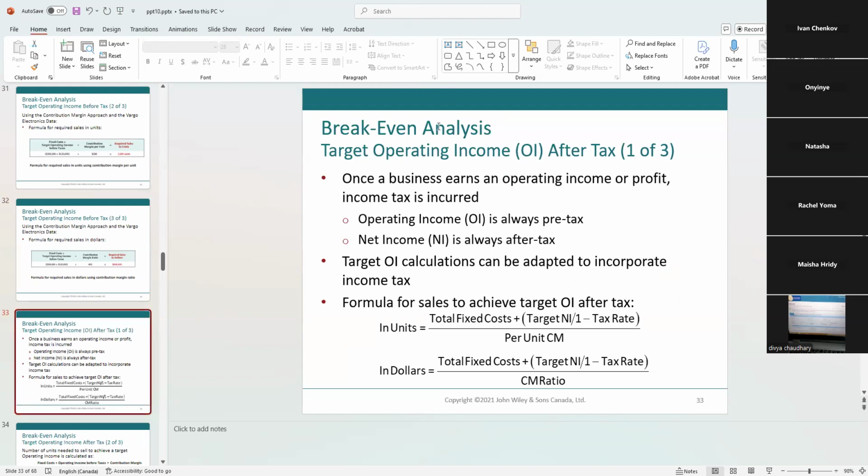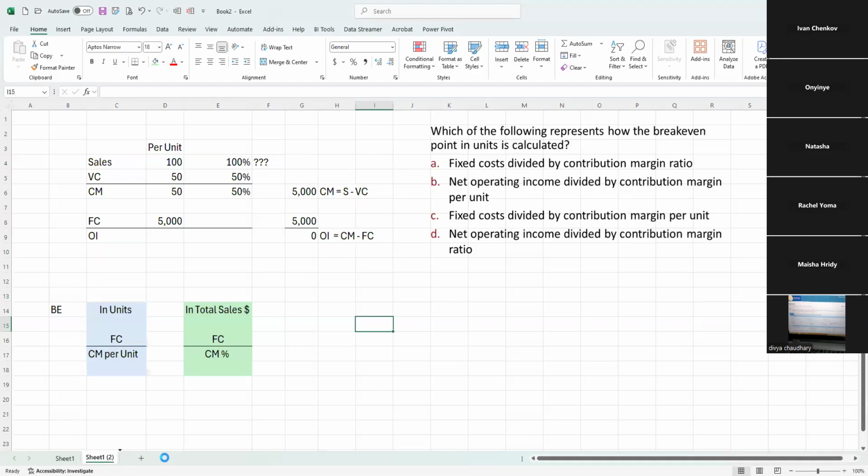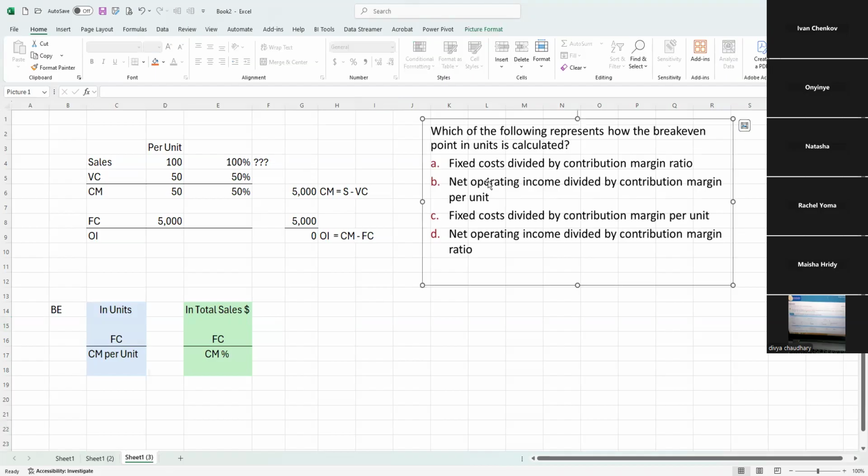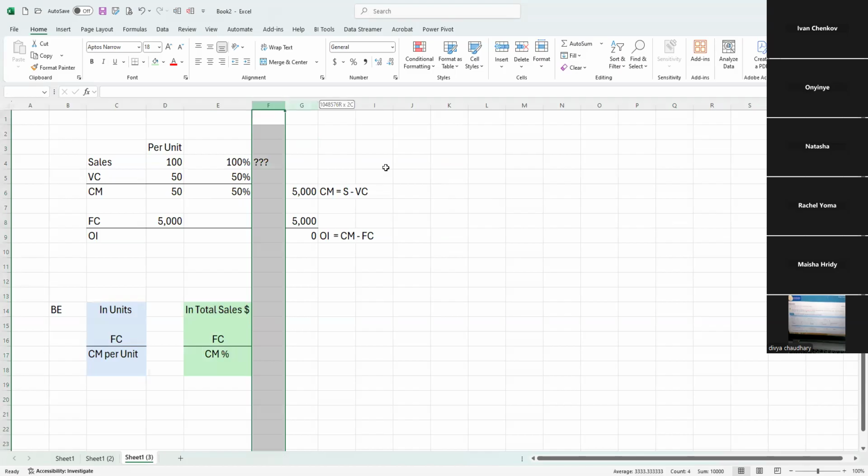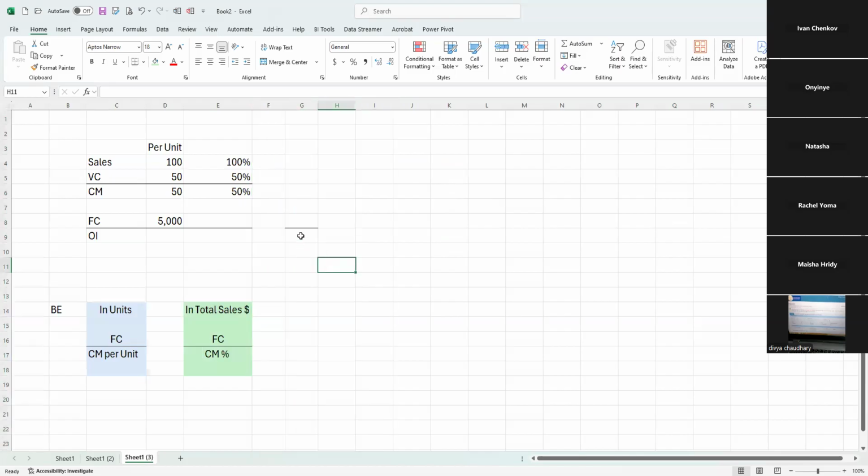So now, let's go back to the Excel spreadsheet and play a little bit with it. Let's get rid of all this. No, we can skip this one. Let's get rid of this.